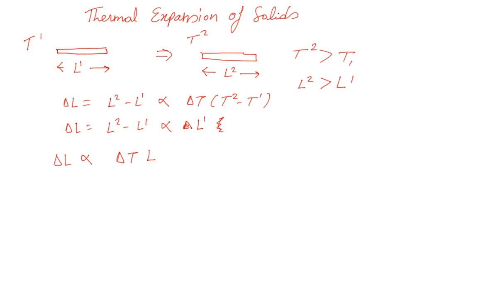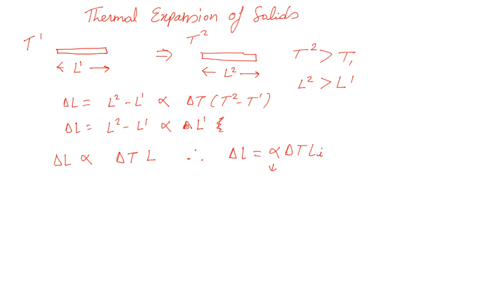You can remove the proportionality by including the proportionality constant alpha, and this is what we get. Let's call this Li, which means L initial, the initial length of the rod. Now this is an experimental observation that more or less solids follow this kind of behavior.